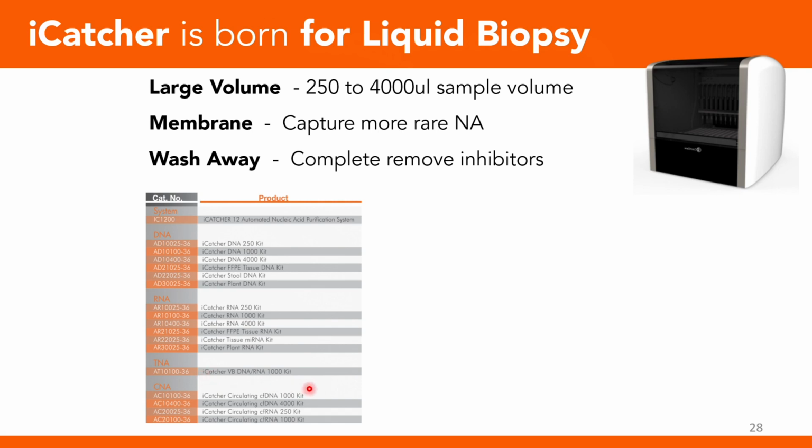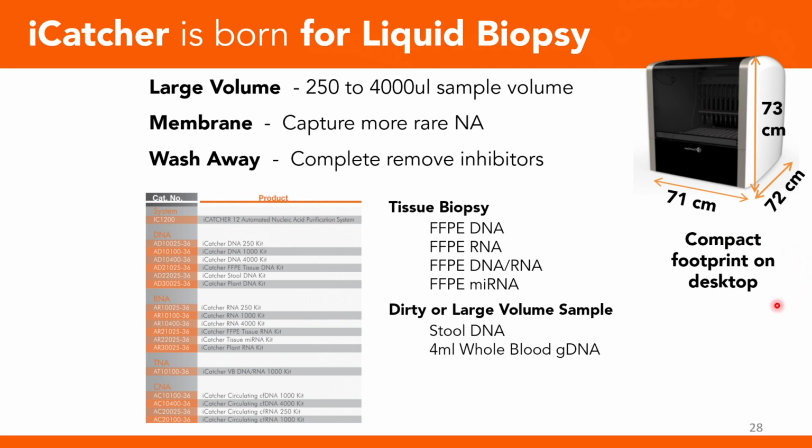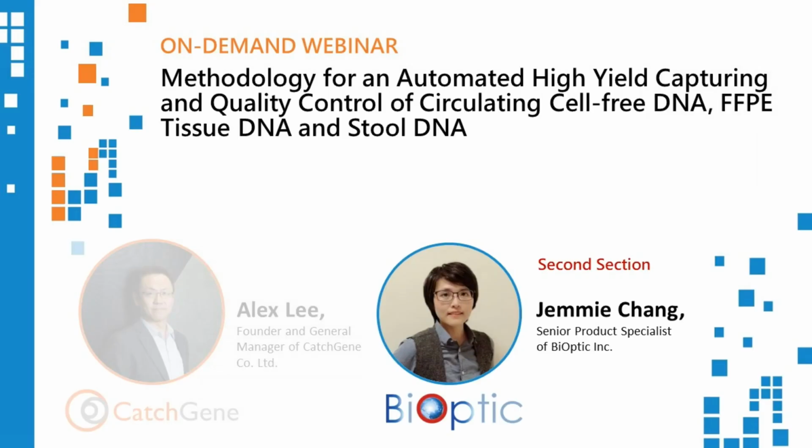We also can purify viral DNA, RNA from viral sample. Also, we can purify tissue biopsy and dirty and large volume sample like stool DNA or 4 milliliter whole blood sample. And the system, this is our system with a very compact footprint and can place it on the desktop. Okay, so this is my part of presentation.